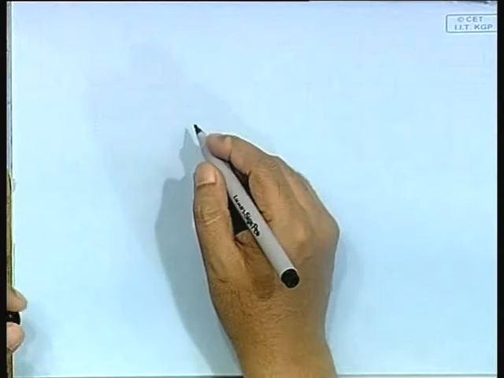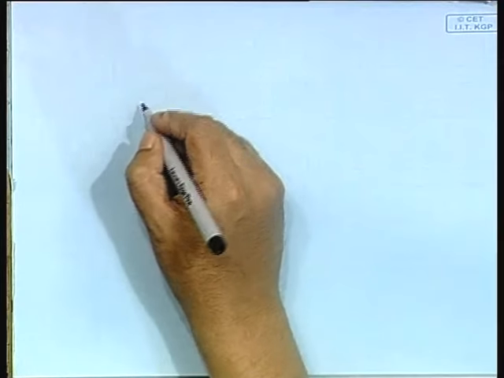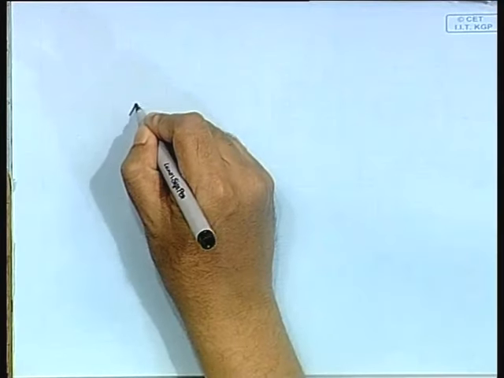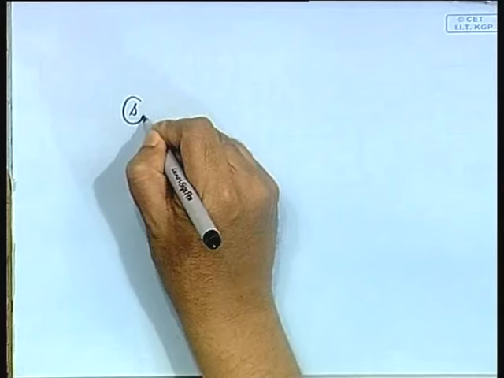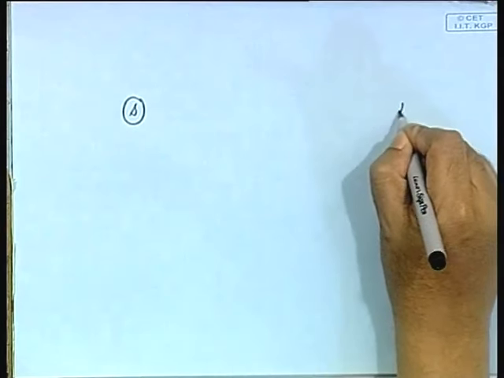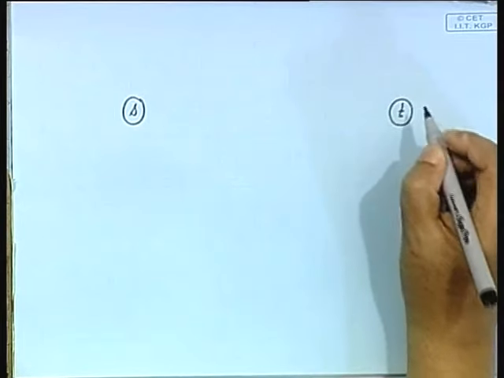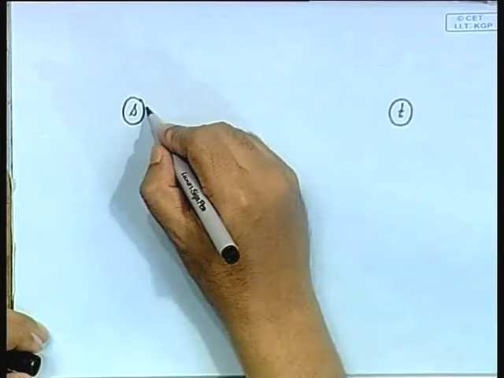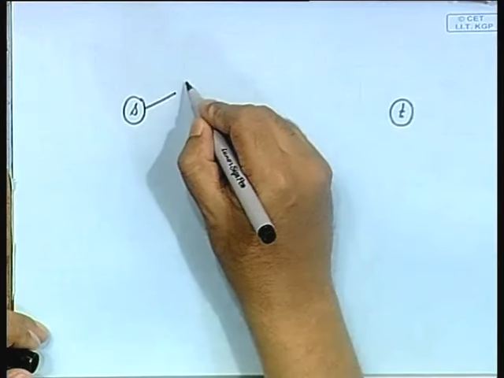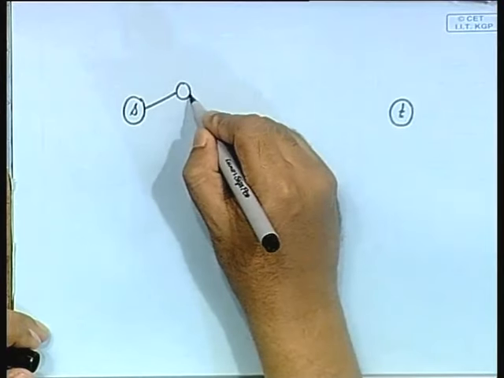So, let us look at a proof of that. To prove that, suppose we have a node S and we have a node T, and the spanning tree path, the path on the spanning tree from S to T is like this.